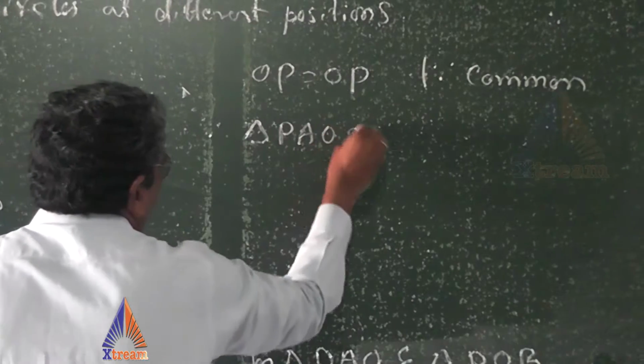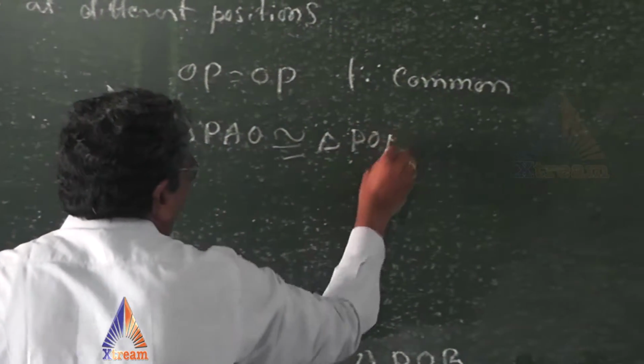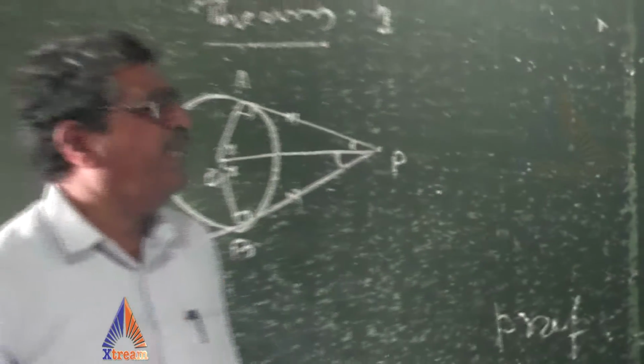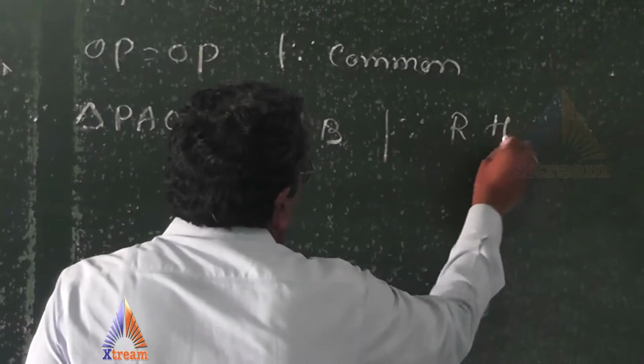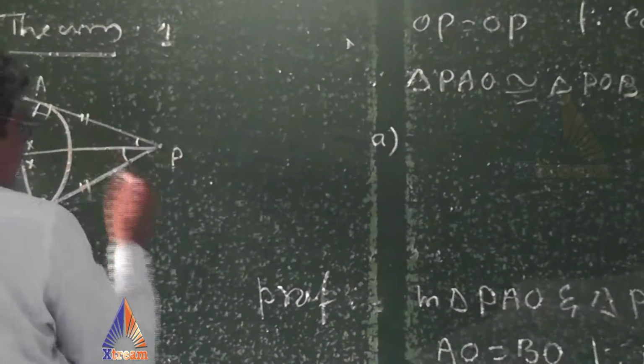Therefore, triangle PAO is congruent to triangle POB by RHS, where two sides and a right angle are taken. Therefore, first, PA is equal to PB.